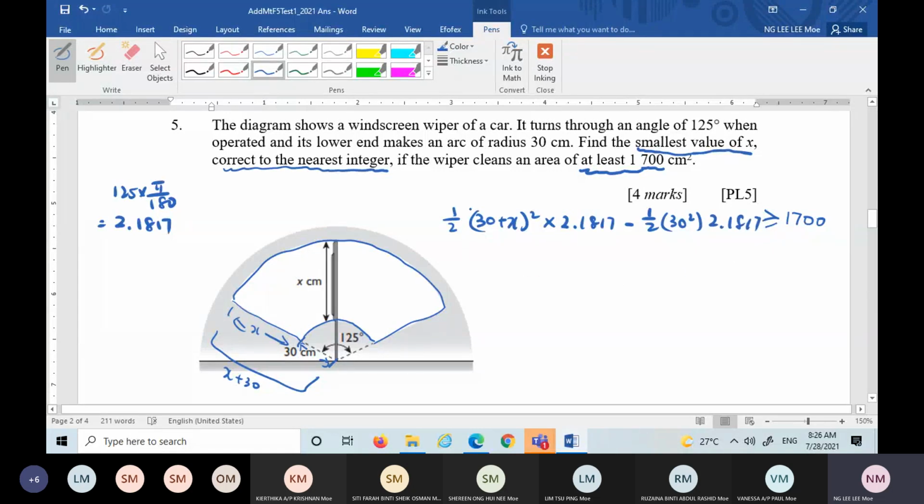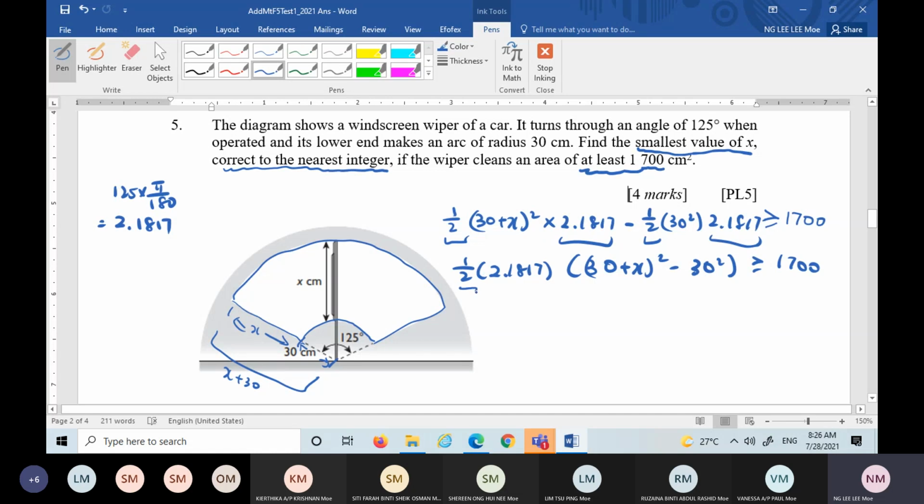If you can see this one, actually you have the same factor for these two terms, so these two are going to be taken out. Then the balance inside will be 30 plus x squared minus 30 squared.